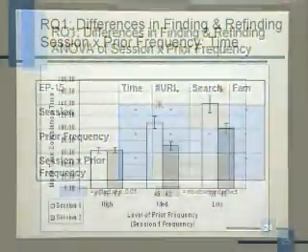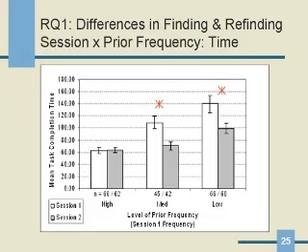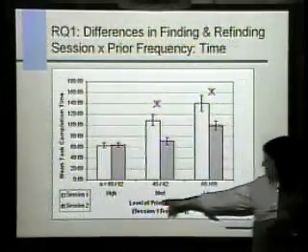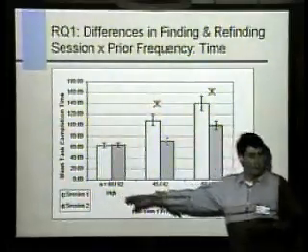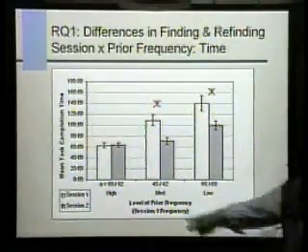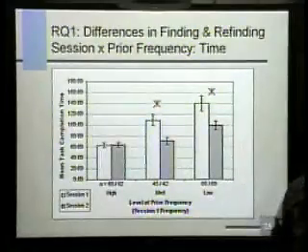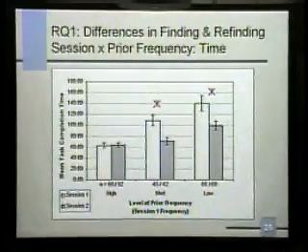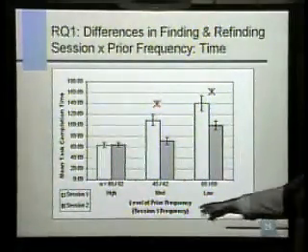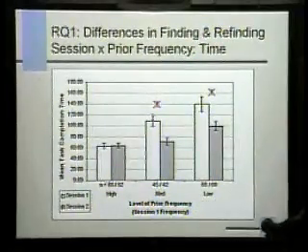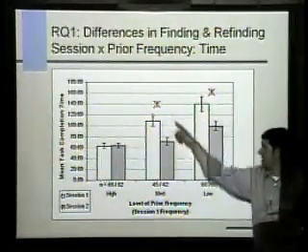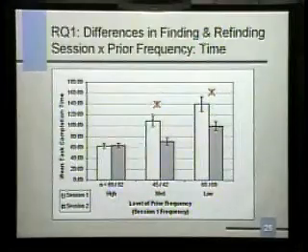And I'm going to drill down into prior frequency and time. The tasks that people had high prior frequency in doing, not surprisingly, those didn't improve in the amount of time they took. The tasks that they rated as medium or low frequency did have a significant increase or decrease from day 1 to day 2, session 1 to session 2.